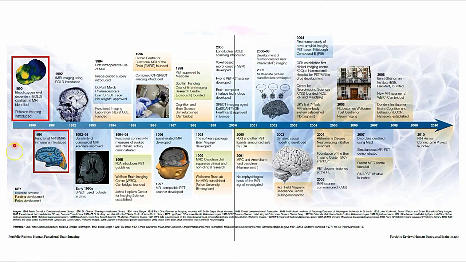In 1991, the first functional magnetic resonance imaging maps of human task-based activation using a visual stimulus paradigm were generated by Jack Belliveau. The development of human brain imaging keeps updating up until now.